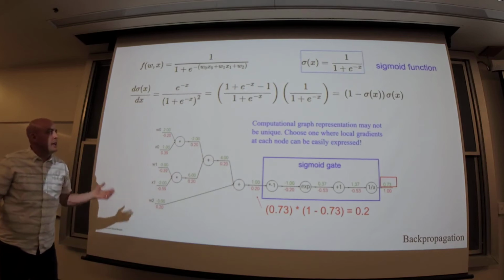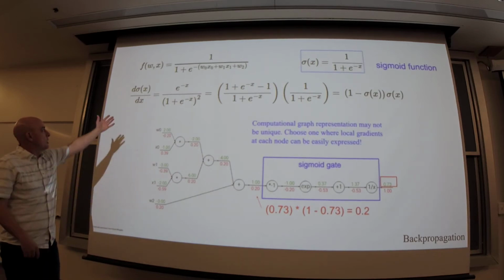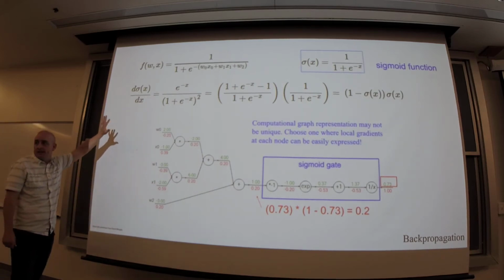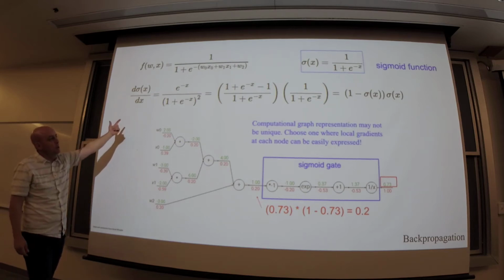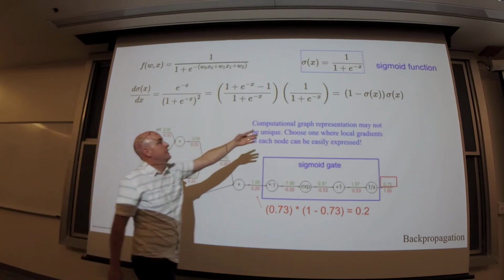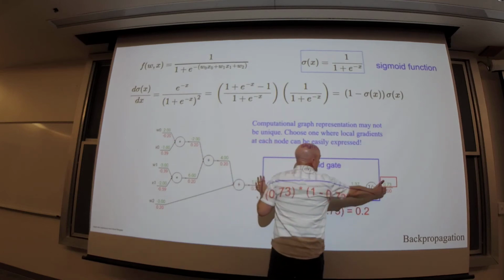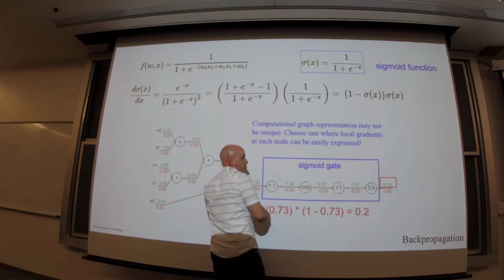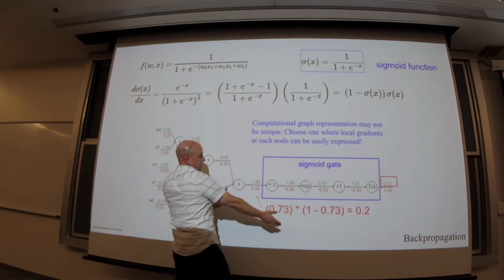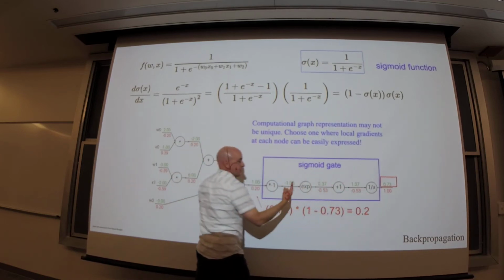But once we've done that, that's fine. We can also just calculate the derivative of that sigmoid function with respect to its input, and then we would have some expression like this. So instead of having to go through all of these steps, this takes this whole thing and makes it just one step.